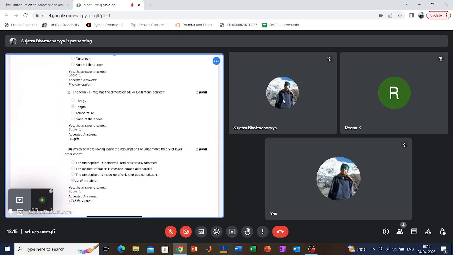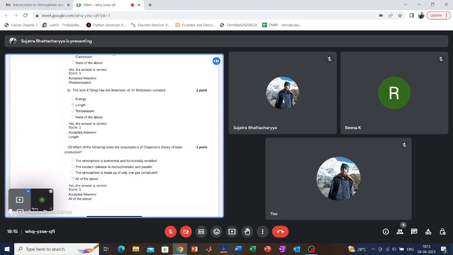Okay. Now the 10th question is, which of the following is or are the assumptions of Chapman's theory of layer production? Well, I have already written the assumptions in the previous session, and you can also find them in the NPTEL slides. So all of the above is the correct option.